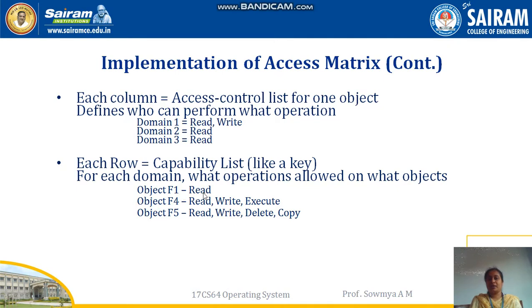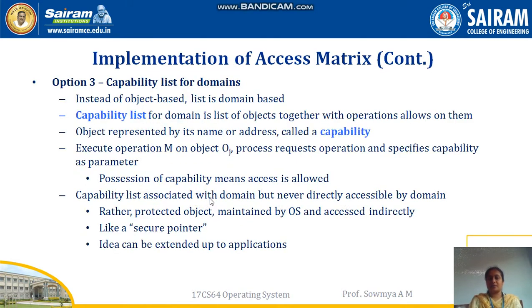Object F1 has read, object F4 has read, write, execute, and object F5 has read, write, delete and copy. For every object, the table has separately all the domains and their access. So each column will have access control for the domains and each row will have access control for the objects.